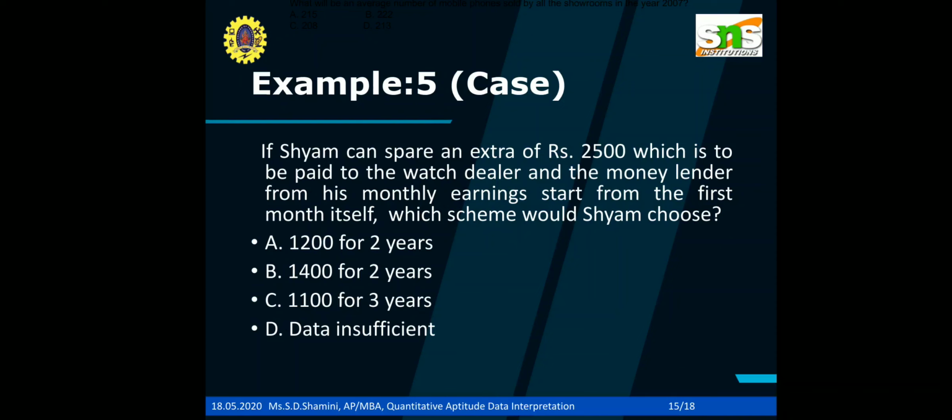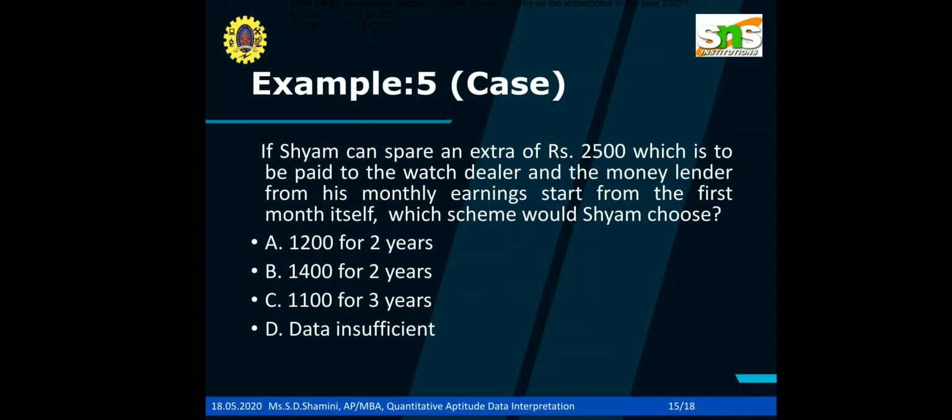If Shyam opts for first installment, he needs to borrow rupees 10,000 because Shyam has to pay a monthly installment of 1,041.66 to the money lender. This is because for the amount more than 9,000, 25% tax is charged, so the amount will be 10,000 plus 2,500 for 12 months.